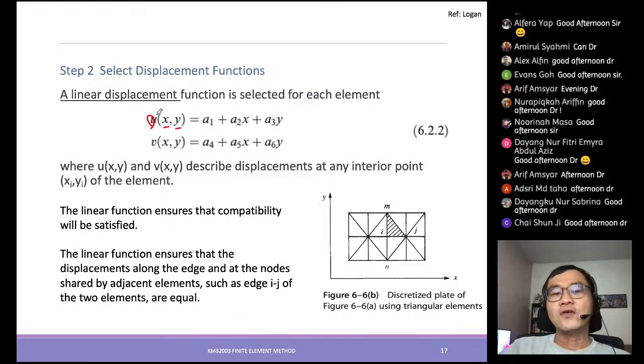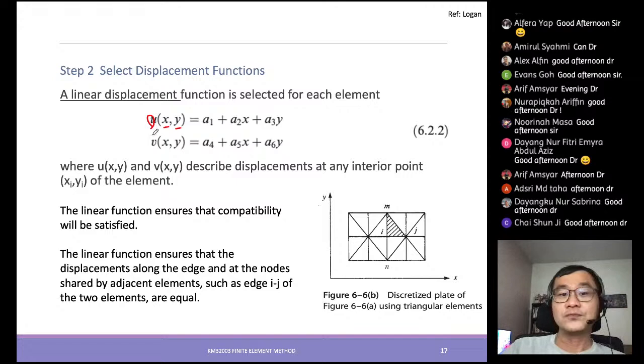Therefore, for the u displacement function, the simplest one would involve three unknowns, where you have x and y with a constant, so you can express it as a1 plus a2x plus a3y.